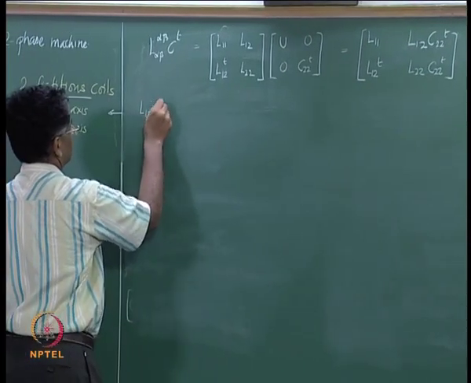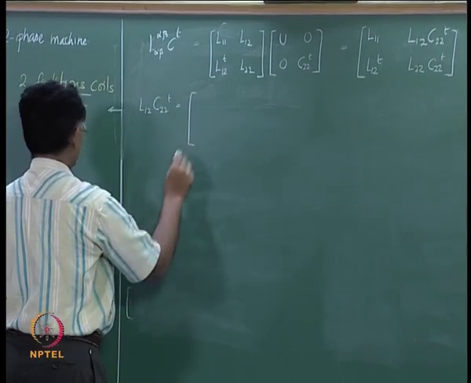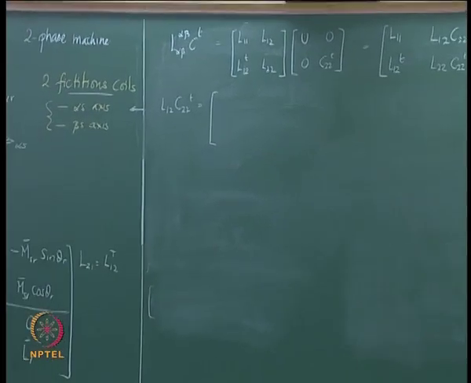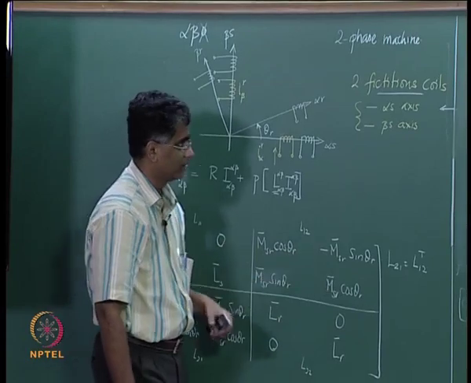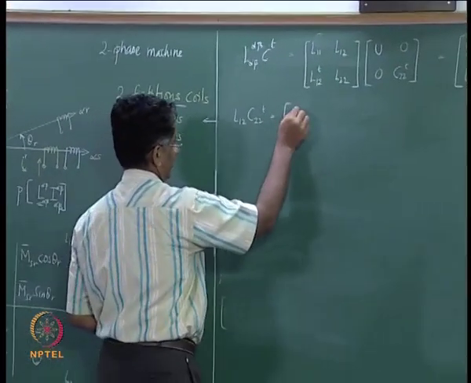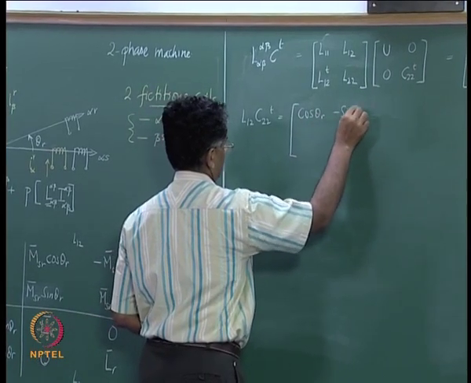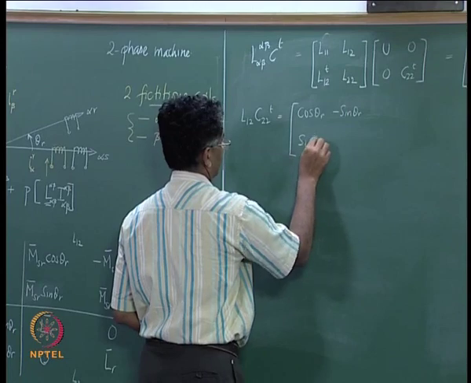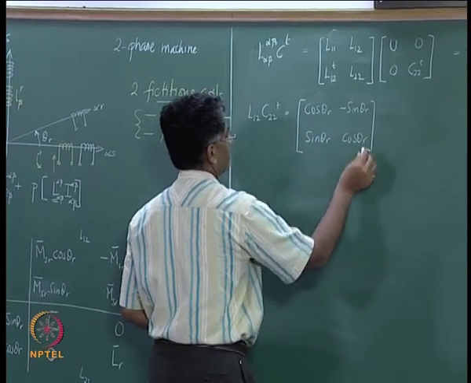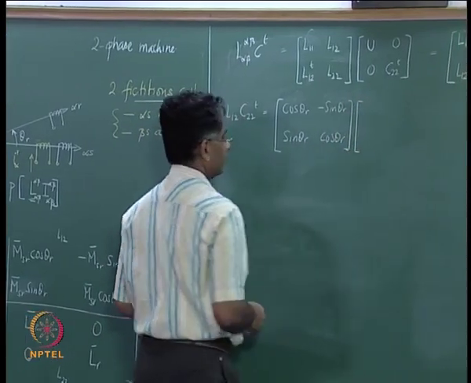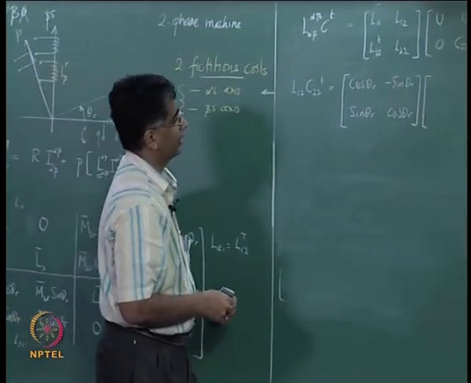So L12 C22 transpose is nothing but, you can see that L12 has MSR dash that is common, so we would take that out, and the remaining terms are cos theta r minus sin theta r, sin theta r and cos theta r, multiplied by C22 transpose, and we do not have the C matrix here.